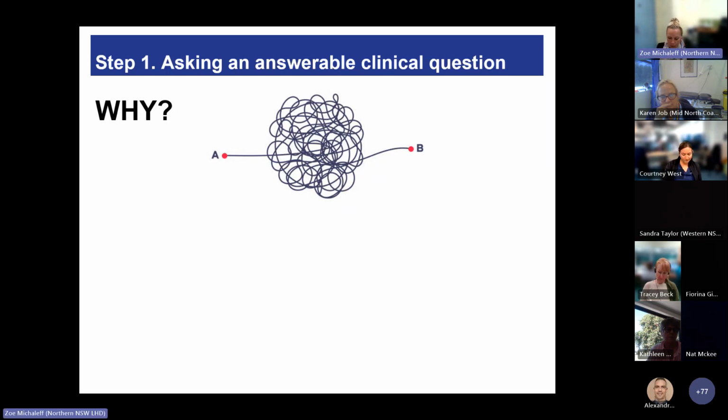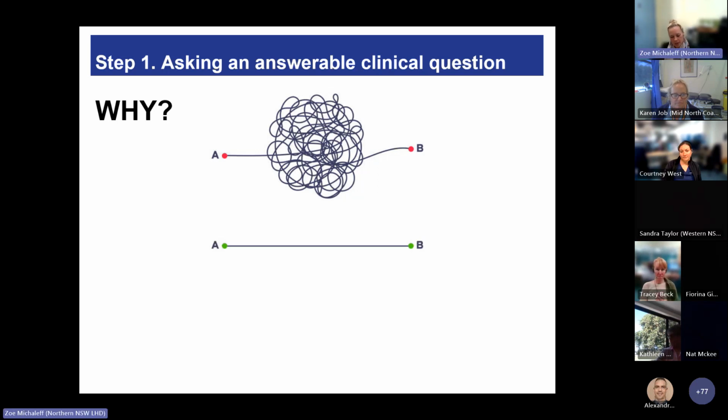So this is an example of a poorly worded question. And if you were to draw it, it might look something like this. The person asking the question goes through this big process and you end up somewhere along the way with some sort of result. And it might actually not align very well with the question that they're asking.